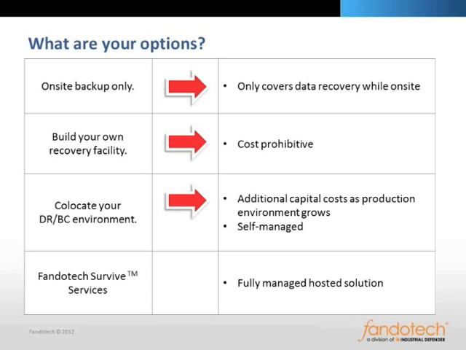The other piece is that it's self-managed. You're not getting any help from anybody except that your systems are in a different location, so it's still managed by your own internal IT staff. And the kicker is that our in-house service is called Survive. It's a fully managed, hosted disaster recovery business continuance service.